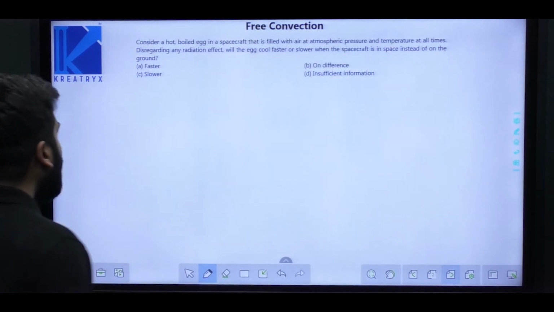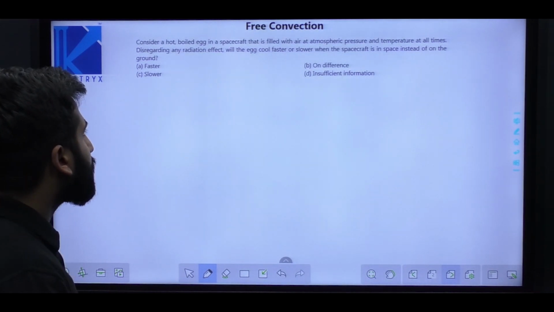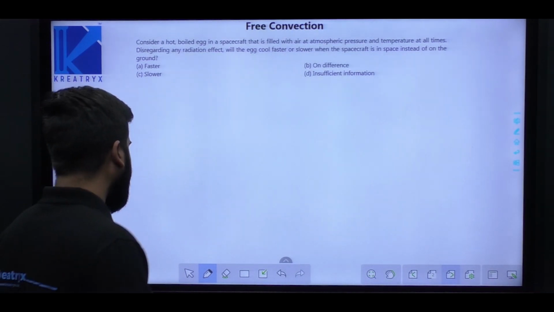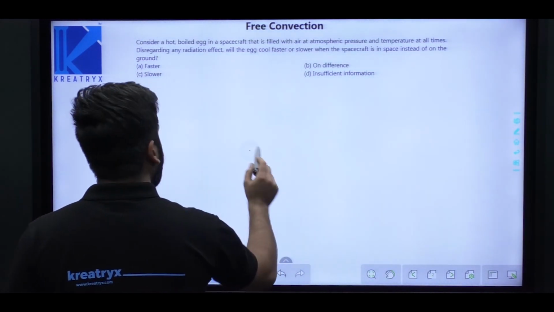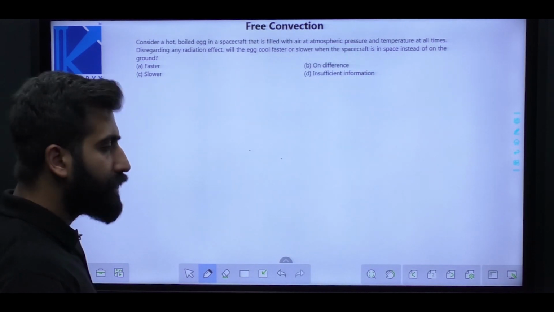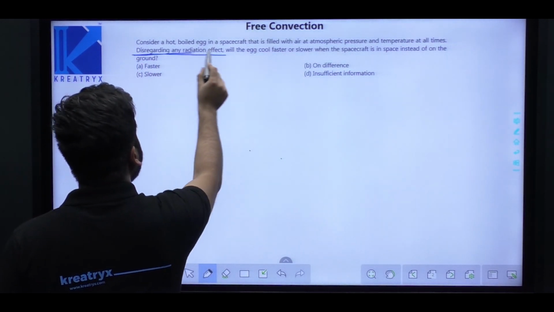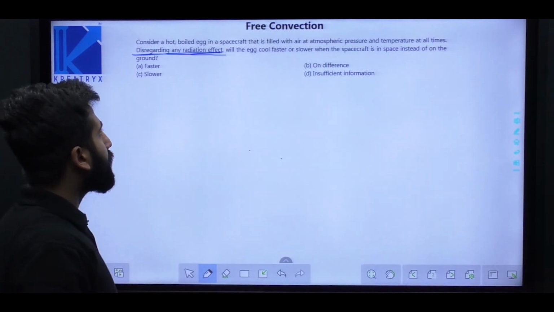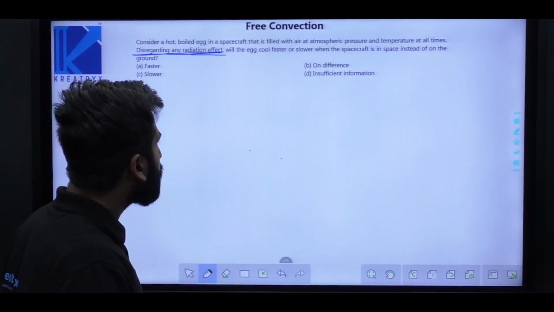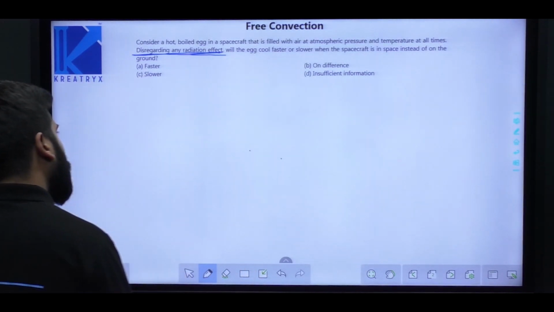Consider a hot boiled egg in a spacecraft that is filled with air at atmospheric pressure and temperature at all times. Disregarding any radiation effect, will the egg cool faster or slower when the spacecraft is in space instead of on the ground?